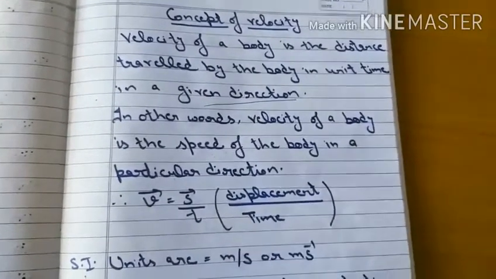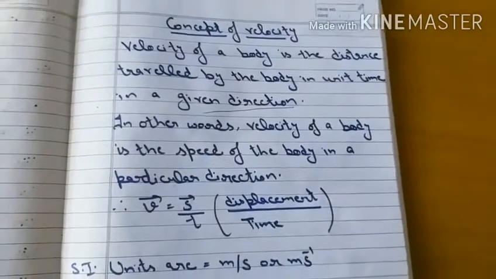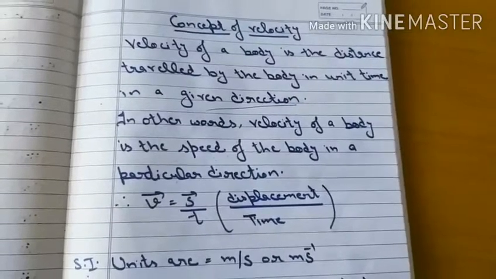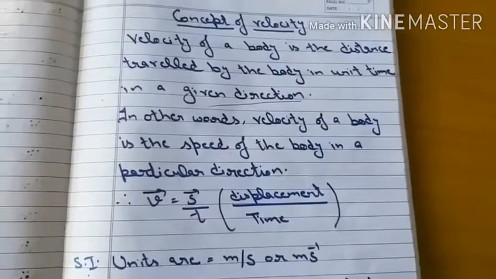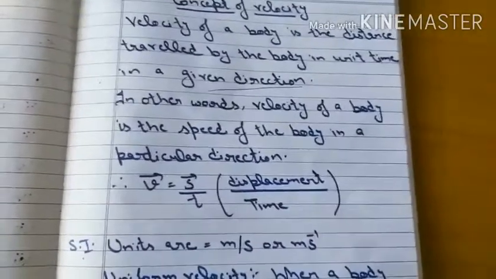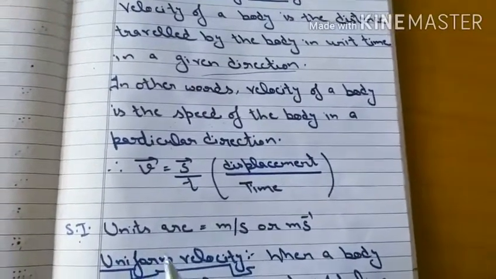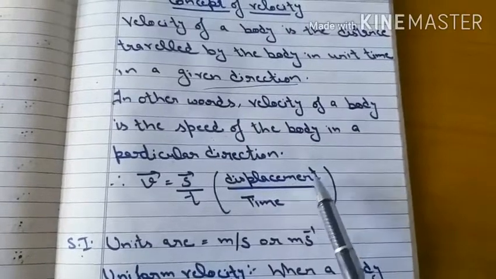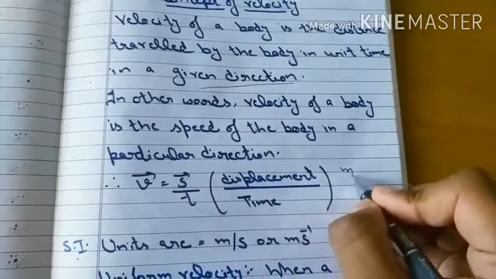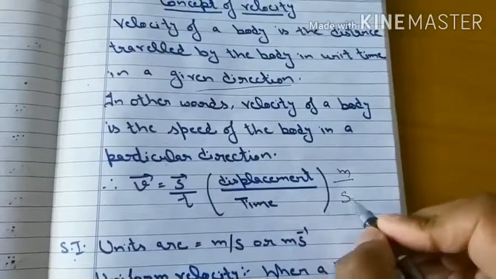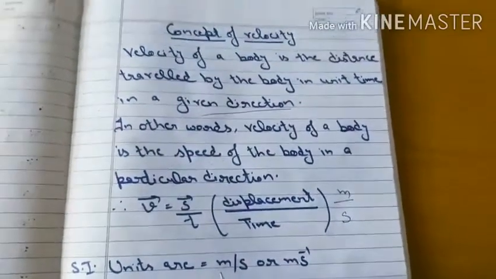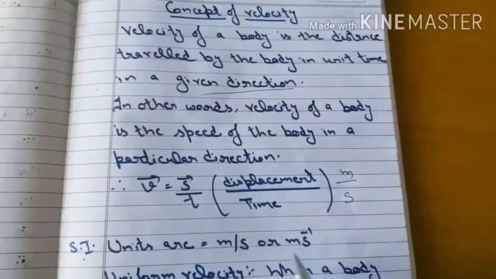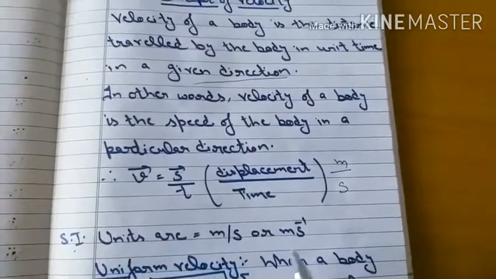So when we talk about velocity, we know the direction of motion of the body plus its speed, and the SI unit for velocity is meter per second, as the SI unit for displacement is meter and for time is second. That's why the SI unit for velocity is meter per second.